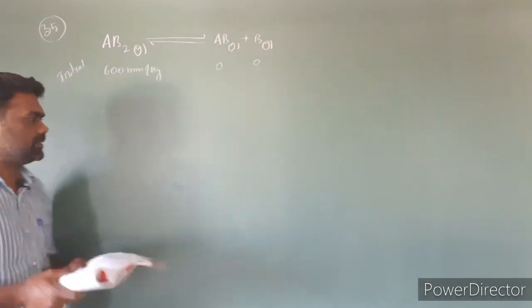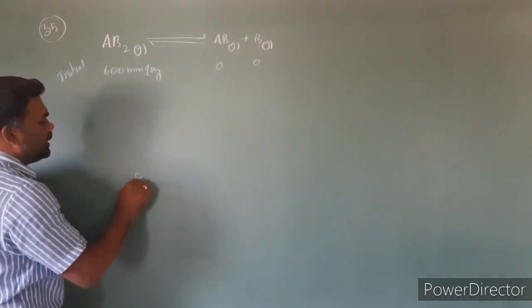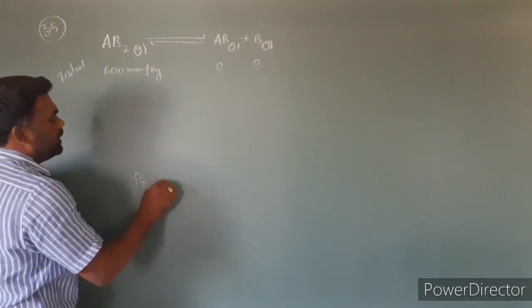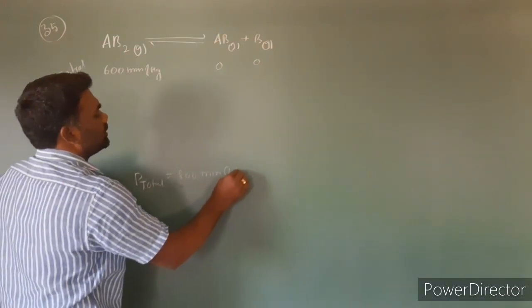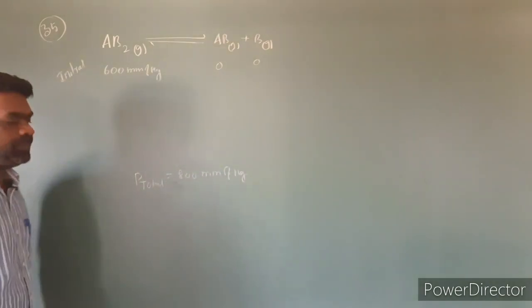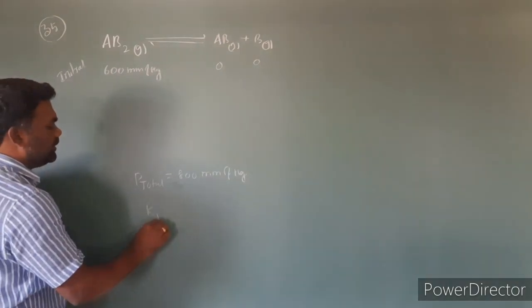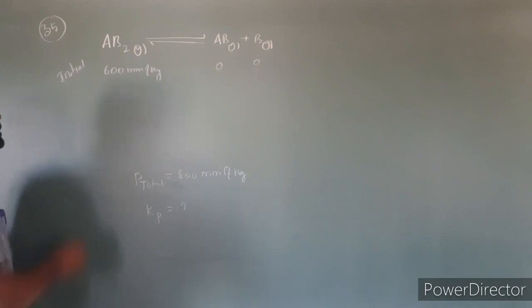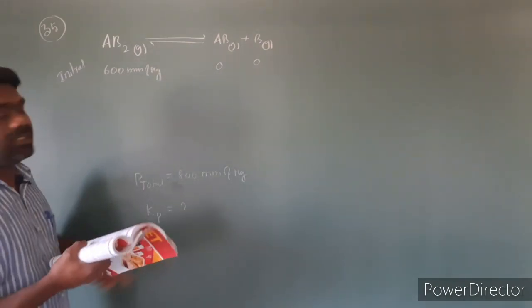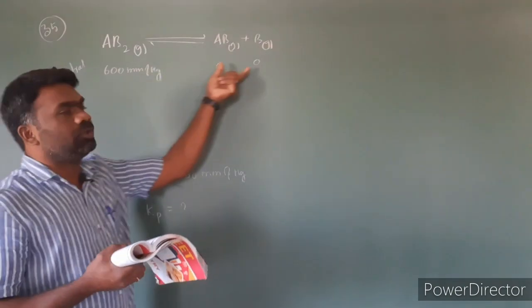Calculate Kp for the reaction. The total pressure is given. So P total is equal to 800 mm of Hg. Next, what we have to do is calculate Kp. So here, when the reaction has started, some amount of reactant converts into products.